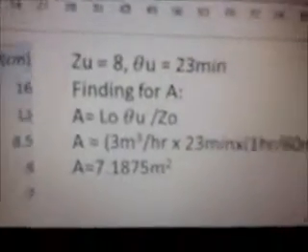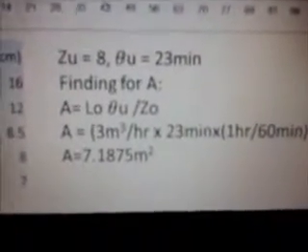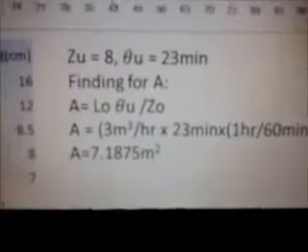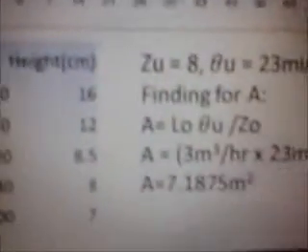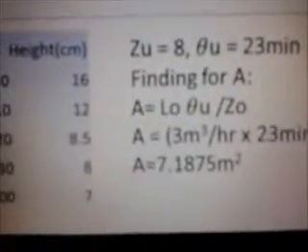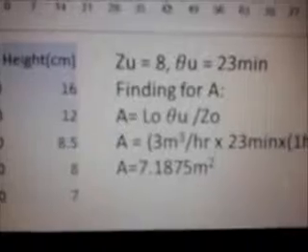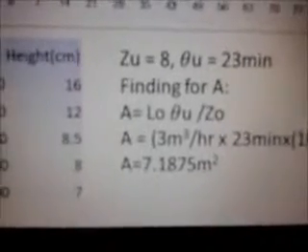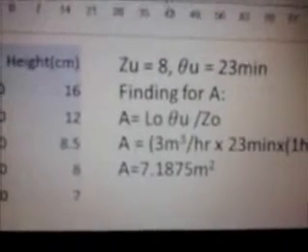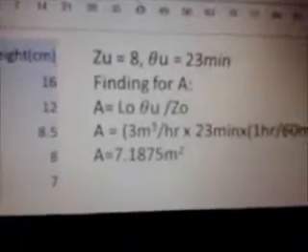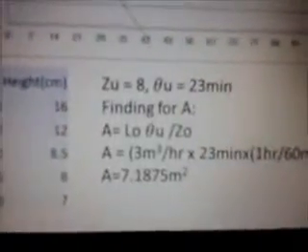So now we will be able to find the area of the thickener. So A is equal to LO times theta u divided by ZO. So if there are necessary changes for the units, just apply this one.